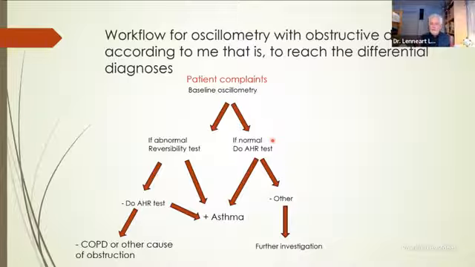If the baseline oscillometry is normal, and the patient has all the complaints and the history speaks for obstructiveness, well, do an AHR test. And if it's positive, again, you end up in the asthma corner.